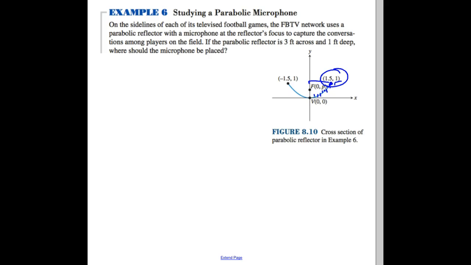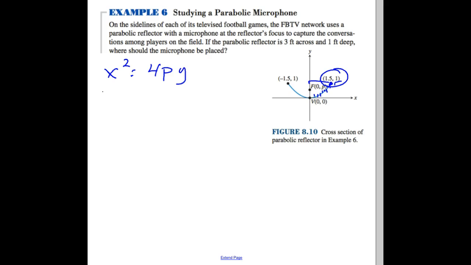So let's start out, is it x squared or y squared? That's your first question. Because it's opening up, x squared. And we said we put the vertex at the origin so we don't have to worry about an h and a k value. And what we know is that when x is 1.5, y has to be 1. That's on my parabola.